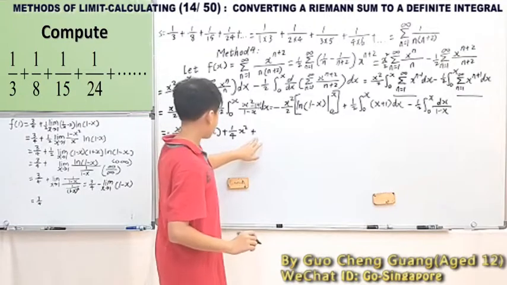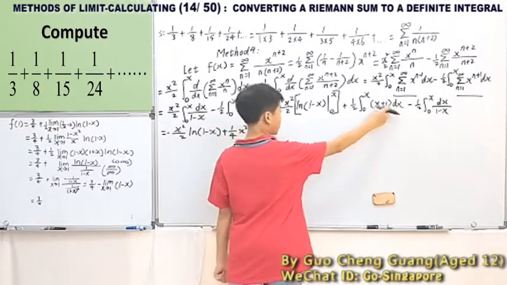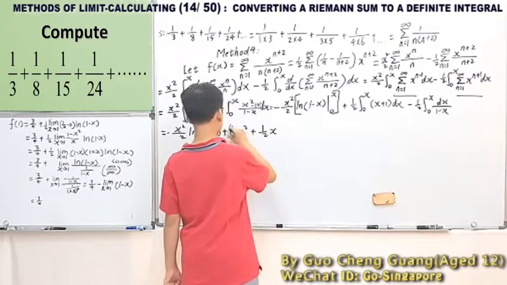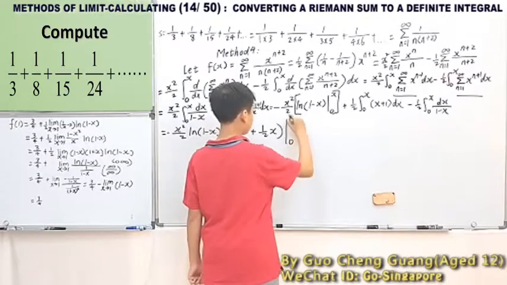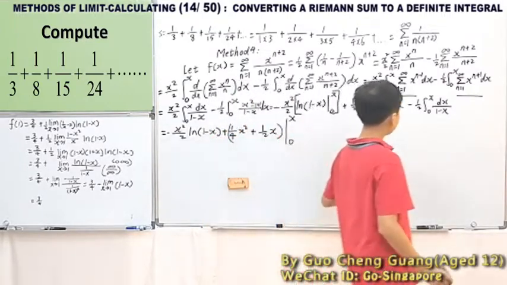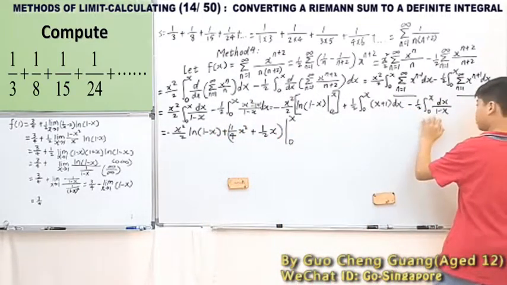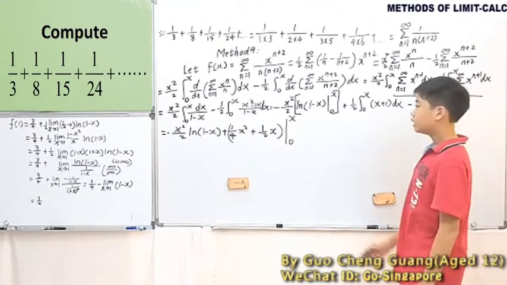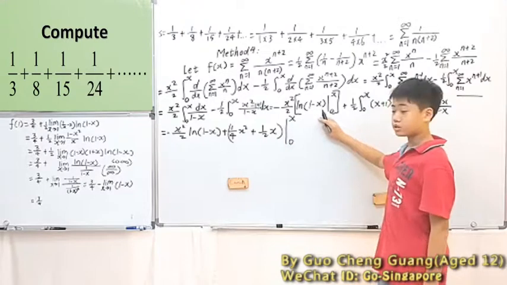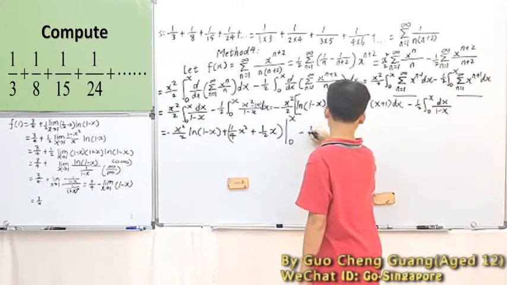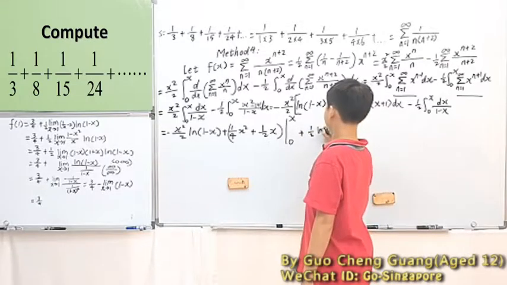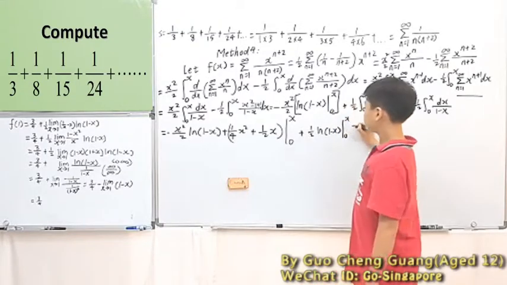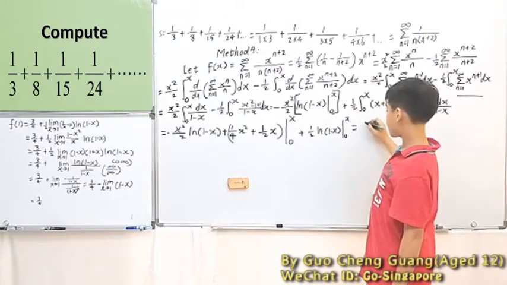Then you have to plus 1. Here's a 1, so that means it's an x, so it's a half x. And then here, sub 0 and x. Then at this part in the back, negative, be careful. This part is similar to the first term. Now what happens? Sub them inside.